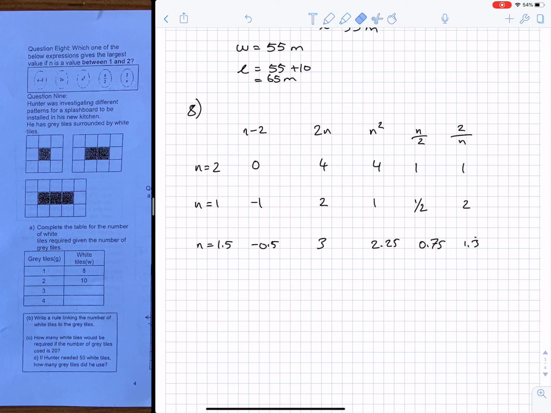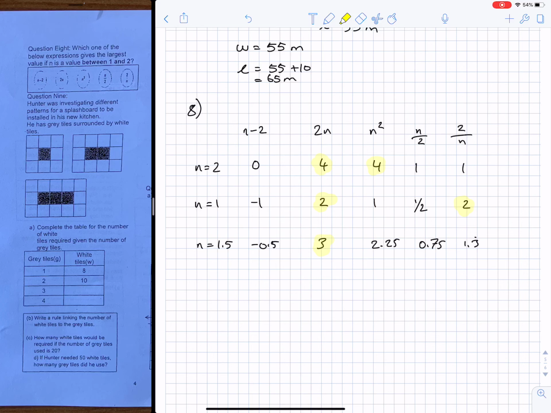So let's have a look. When n equals 2, these two are the biggest. And when n equals 1, the biggest numbers are these two. And when n equals 1.5, the biggest one is this.